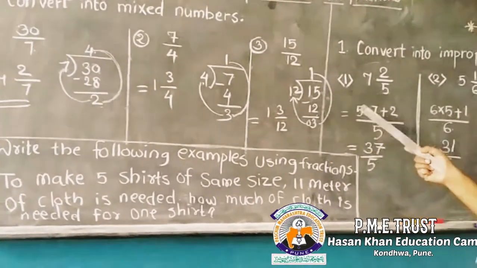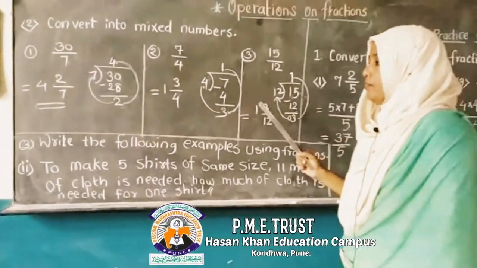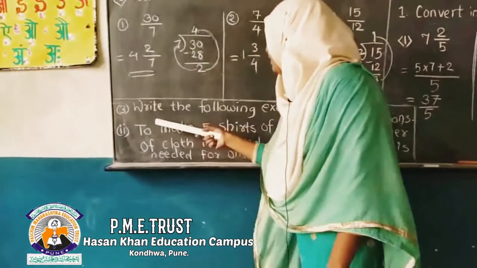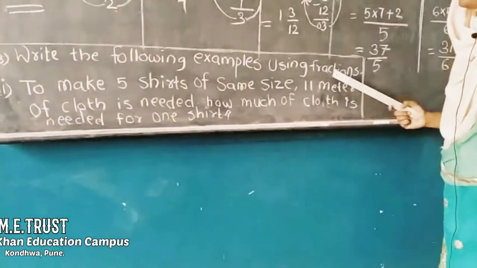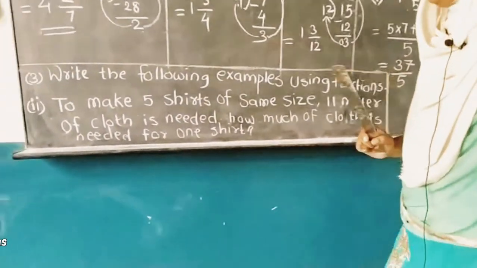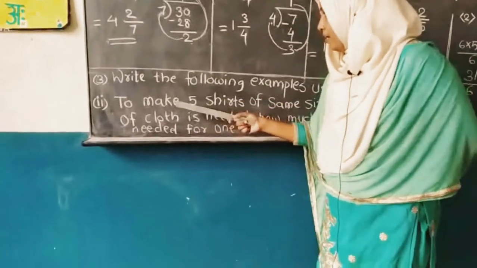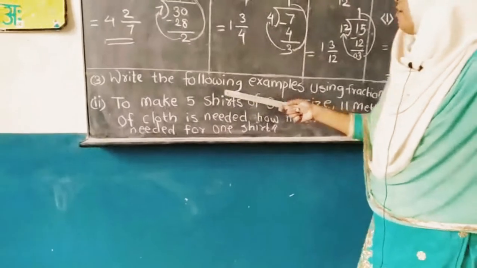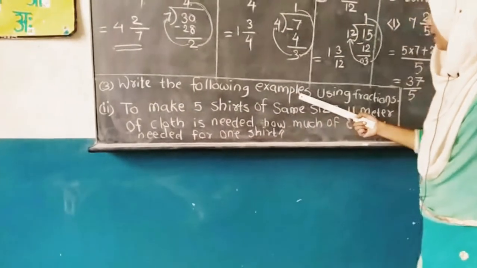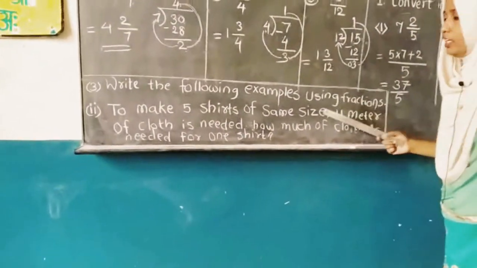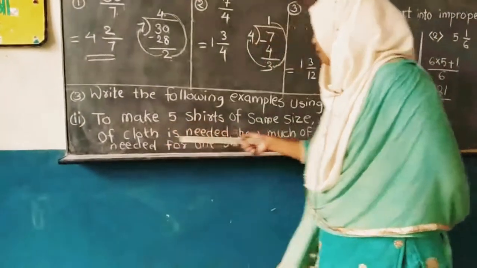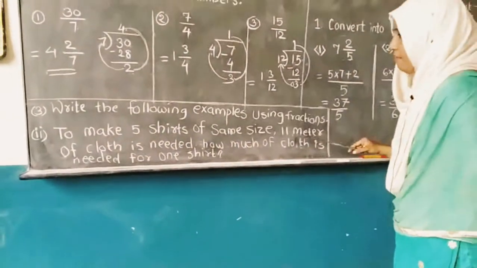The next example is what? See here. Write the following example using the fraction. Firstly, I have read this question. Write the following example using a fraction. For this example you have to read and write down the fraction.